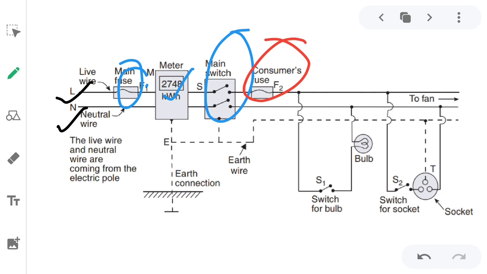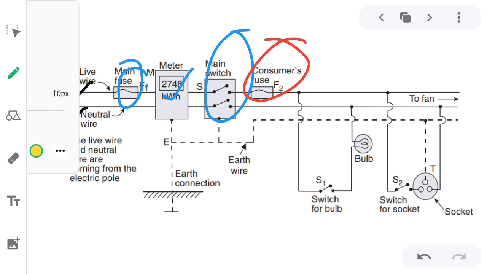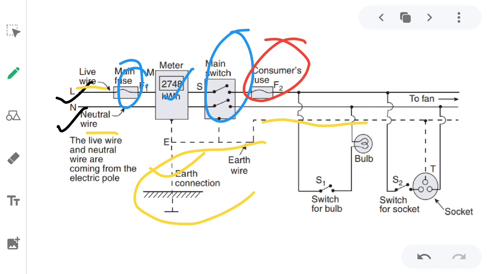Okay, here you can see the third line which is a dotted one. Here you can see this line, it is nothing but the earth wire. Mainly two wires come to our home. First one is live and then the neutral wire. Then at our home we use the third wire which is the earth connection. Why do we use this connection?